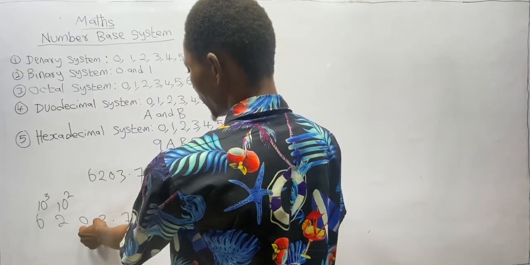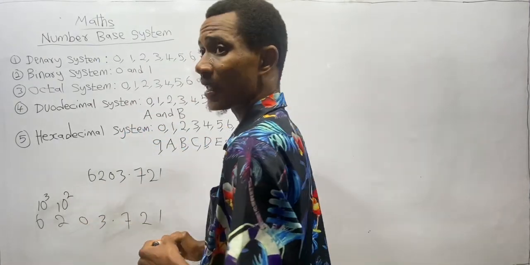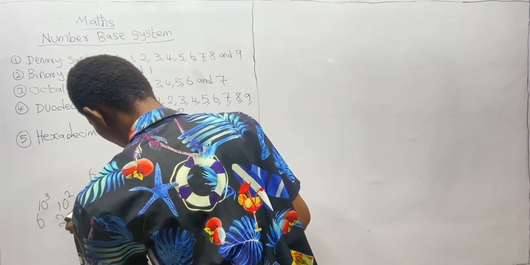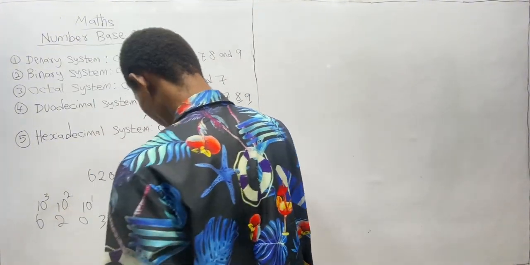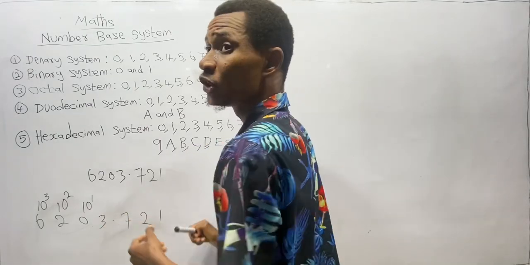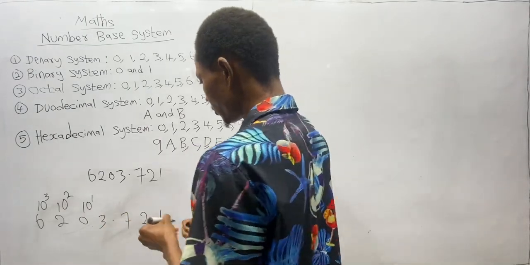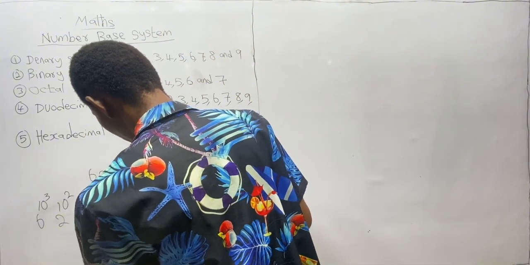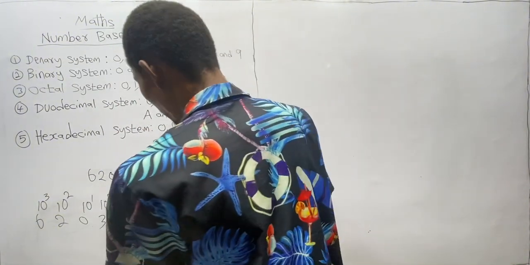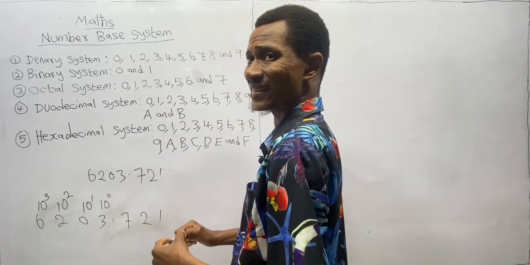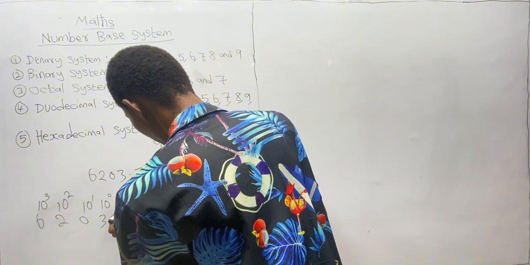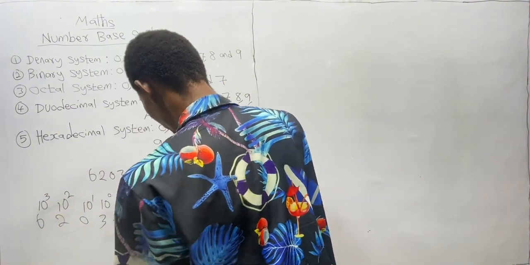The value of 0 here is tens, and tens can also be written as 10 raised to the power of 1. The value of 3 here is units, and units can also be written as 10 raised to the power of 0. The value of 7 here is tenths, and tenths can also be written as 10 raised to the power of minus 1.